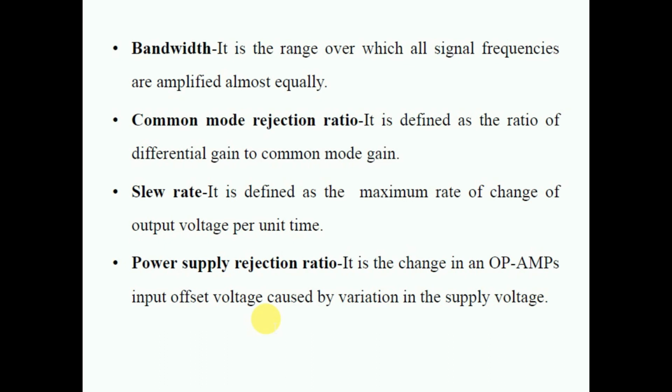If you have set the perfect supply voltages at the input terminals, but due to some variation in the supply, the output terminals will show different types of voltages, and that effect can be seen at the output terminals. So that is the power supply rejection ratio.